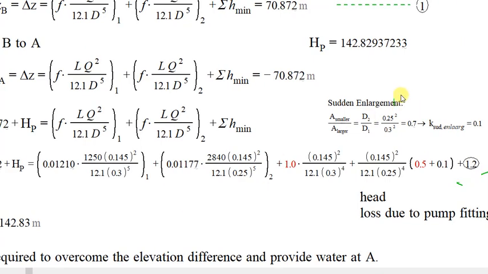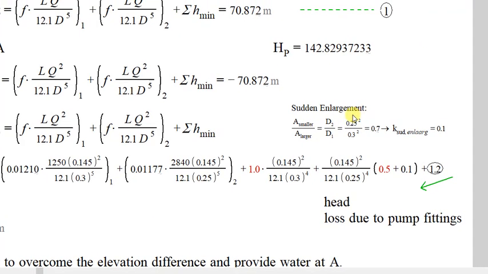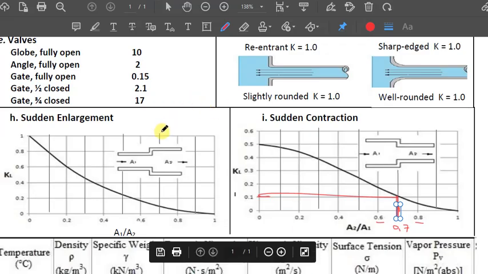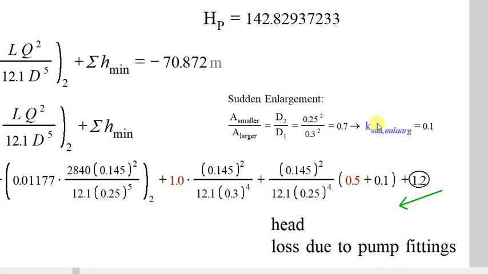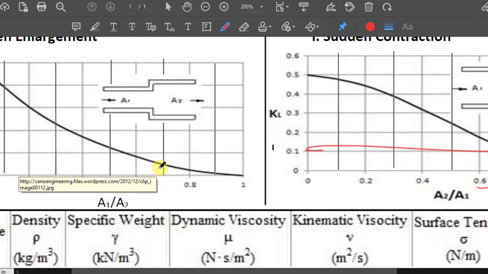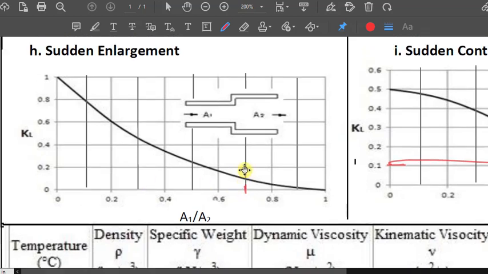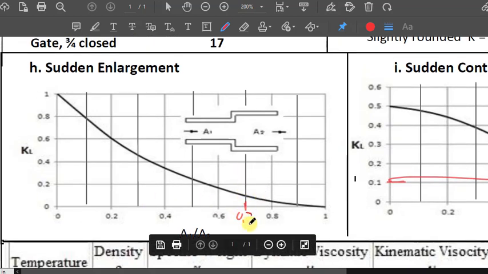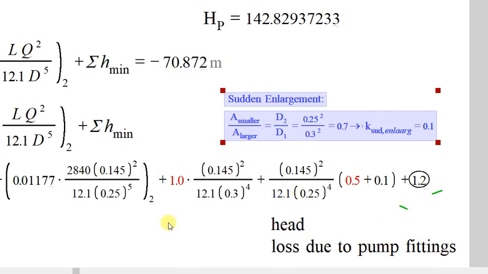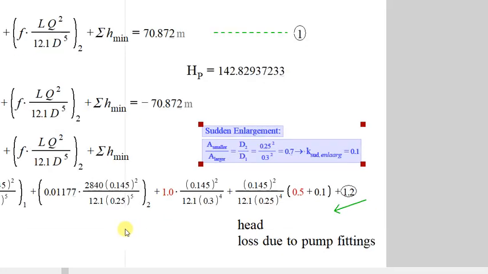Actually, we have a sudden enlargement here, and we should check it. It is 0.25 over 0.3, the same ratio, but we should check the sudden enlargement curve. If we come here to 0.7, it actually gives us the same in sudden enlargement. If we try to read it, it will again be 0.1. It's the same.